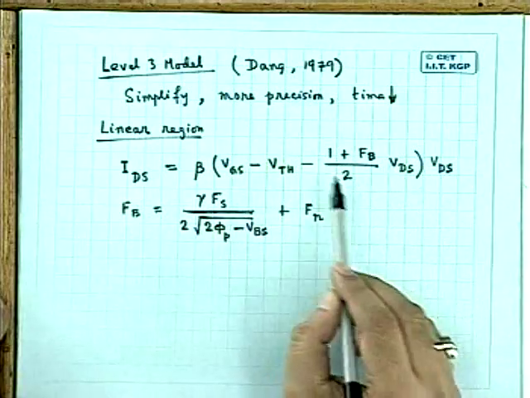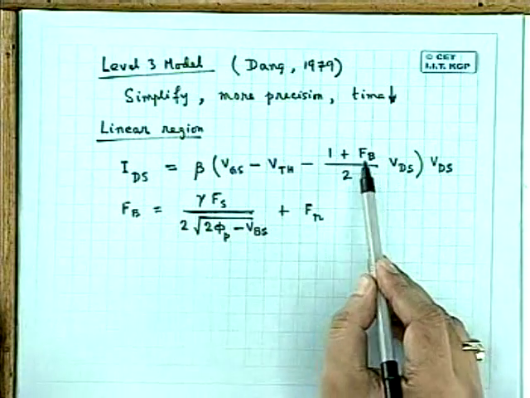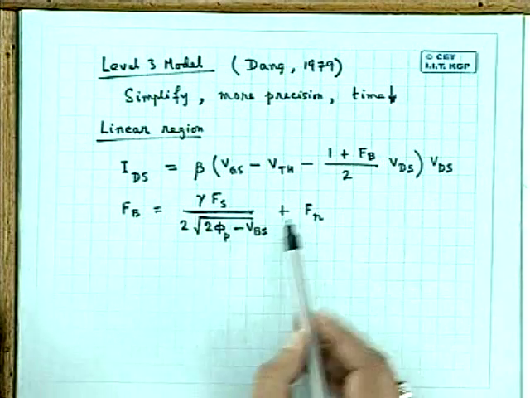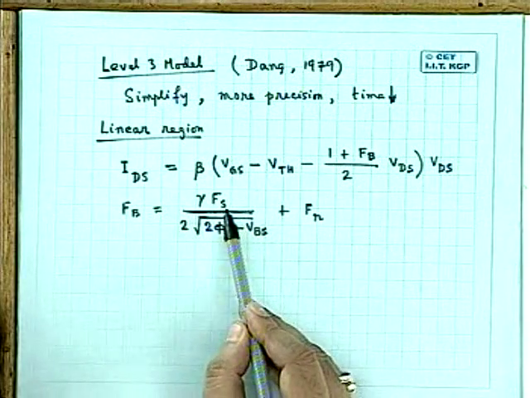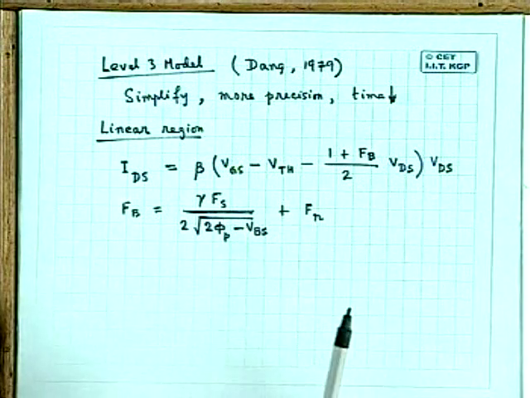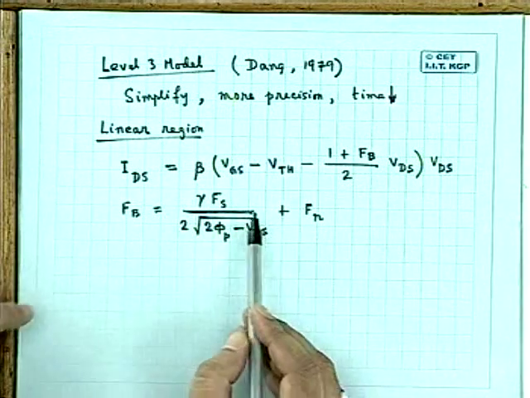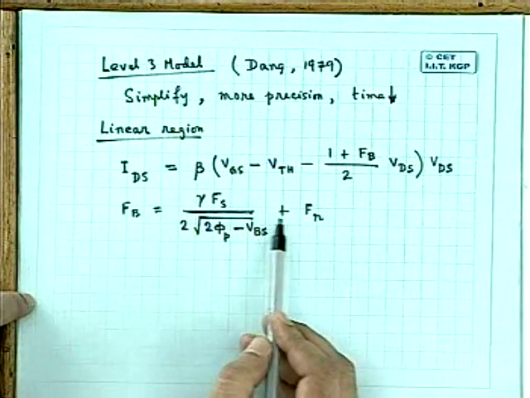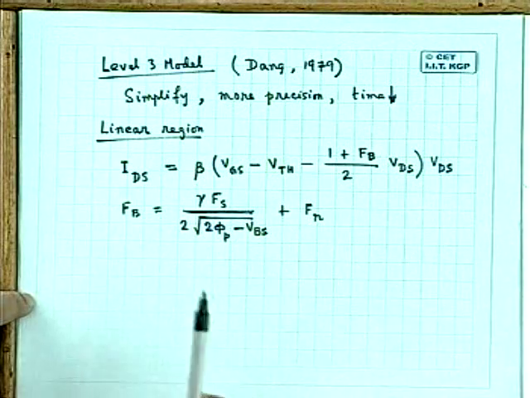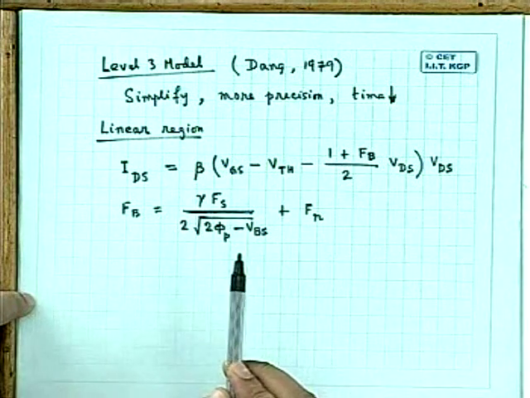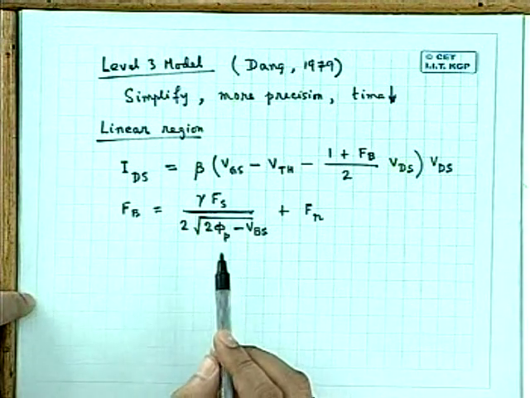So you see that here the FB term is important. The FB term contains two parameters, one is Fs, the other is Fn. Apart from gamma, which is already there, beta and gamma are nothing new. But Fs and Fn are nothing but the short channel and narrow channel parameters, a similar thing to what we introduced earlier in the physics course.